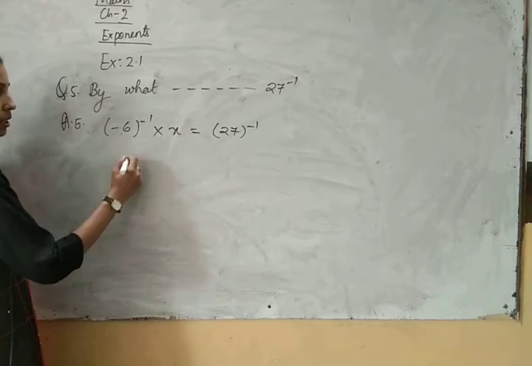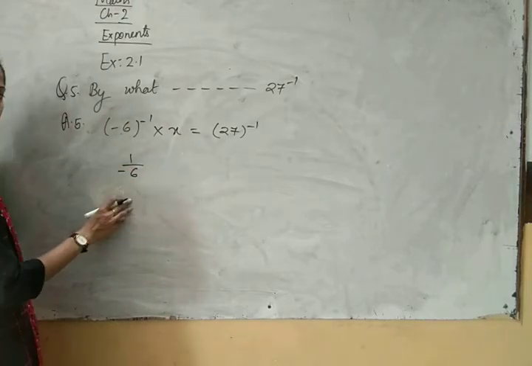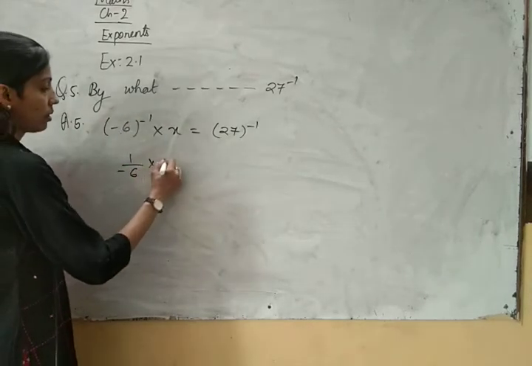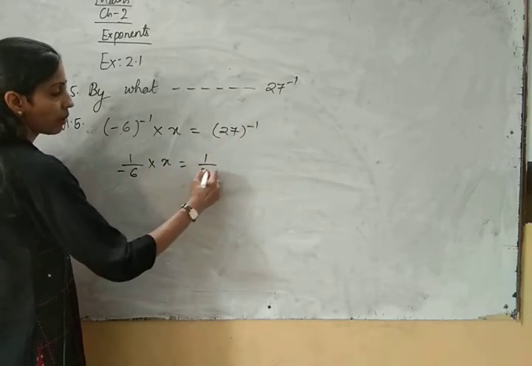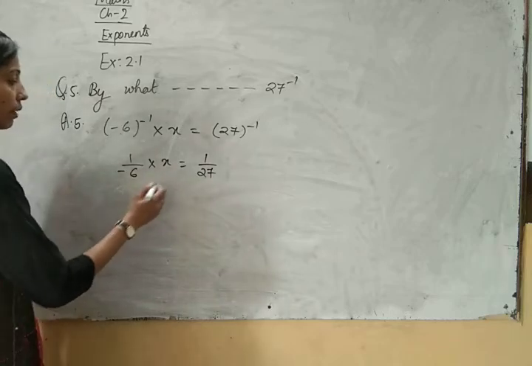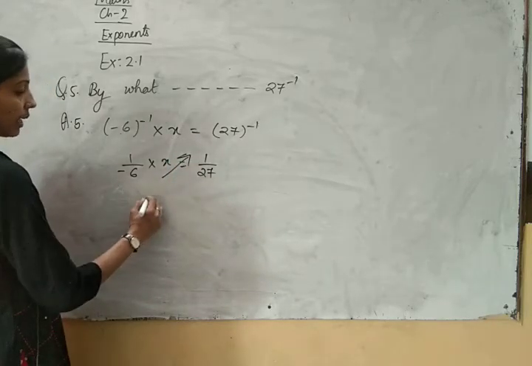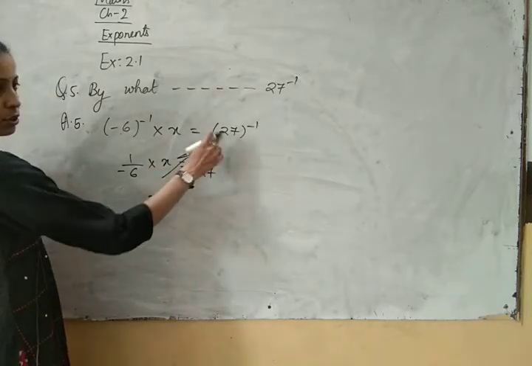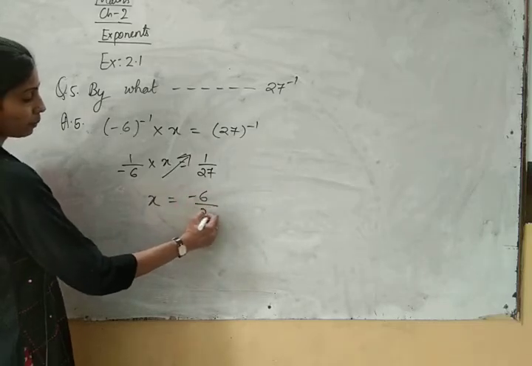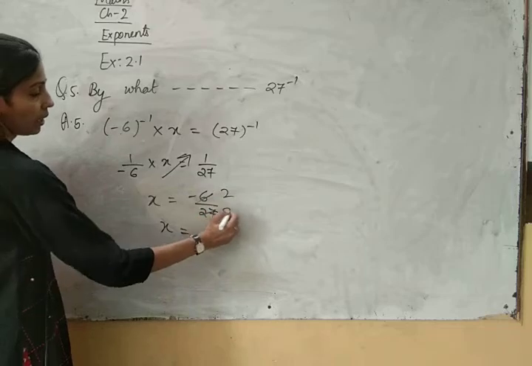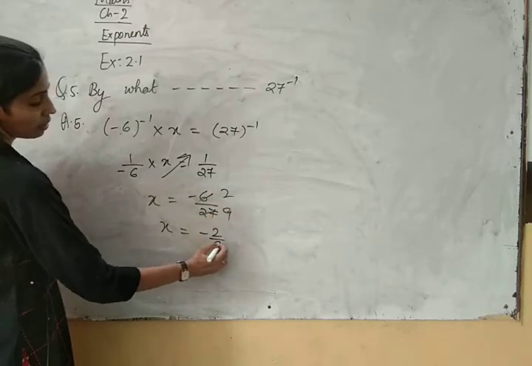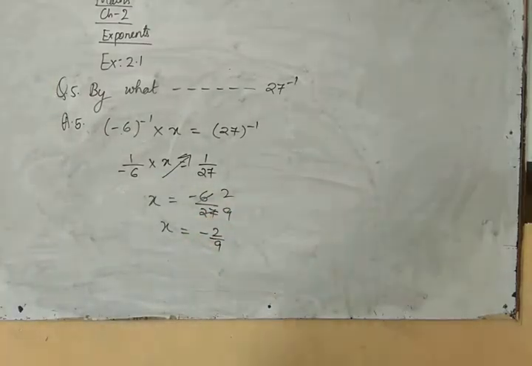Minus 6 to the power minus 1 will become 1 upon minus 6 and 27 to the power minus 1 will become 1 upon 27. Again we will cross multiply. x will remain here. Minus 6 goes in the numerator upon 27. Answer will be 3 2s are 6, 3 9s are 27. Answer will be minus 2 upon 9.